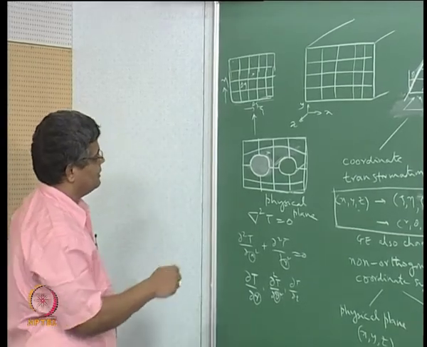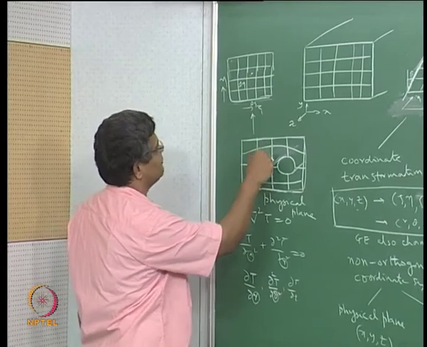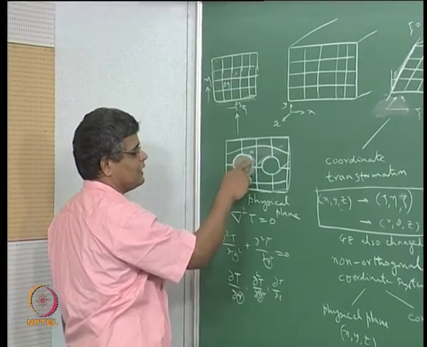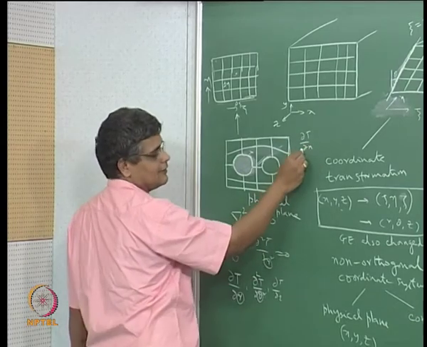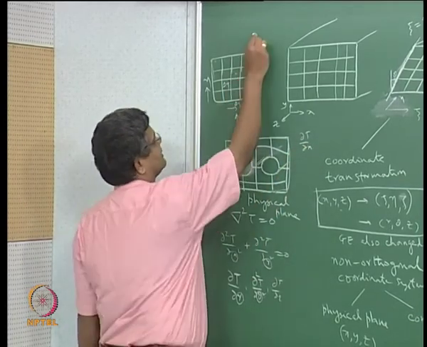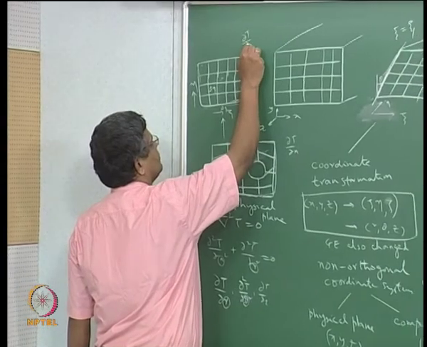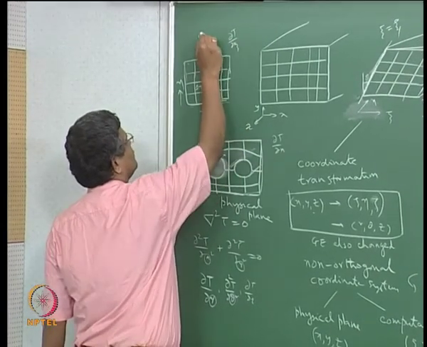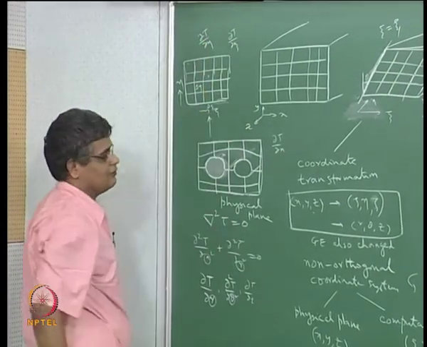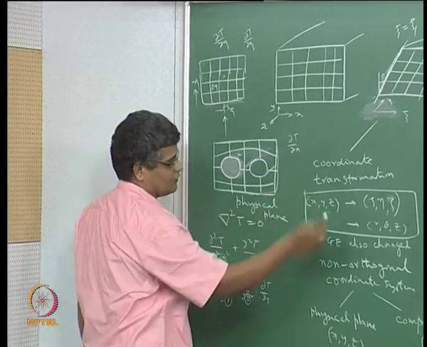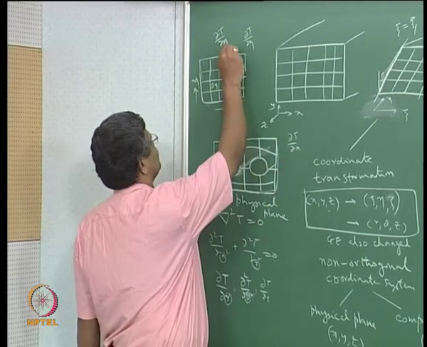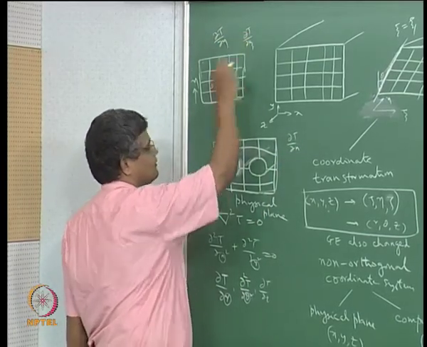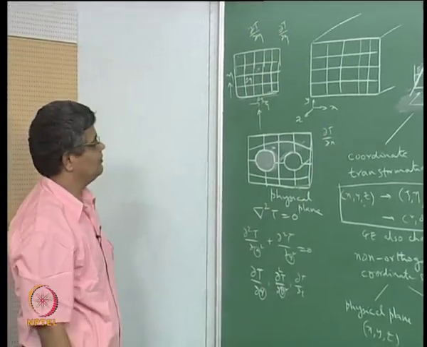And in the process, if we say that this represents this, the corresponding variation of dou t by dou x here corresponds to something else in terms of dou t by dou xi and dou t by dou eta, because now x is a function of both psi and eta here. So dou t by dou x now becomes a function of dou t by dou eta and also dou t by dou xi.